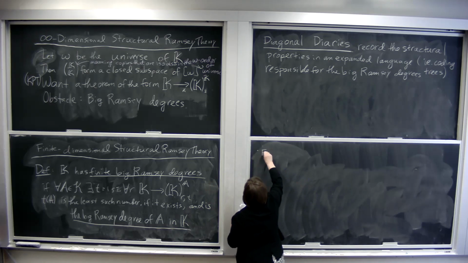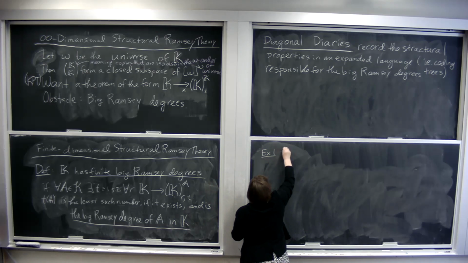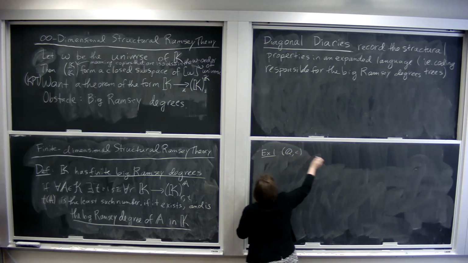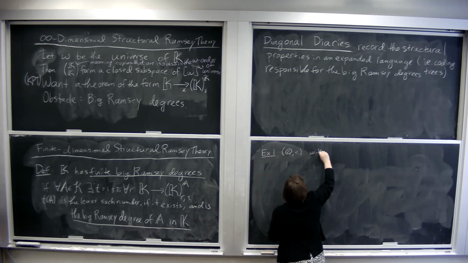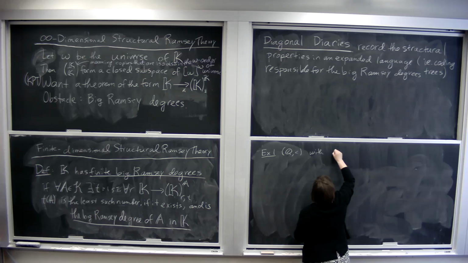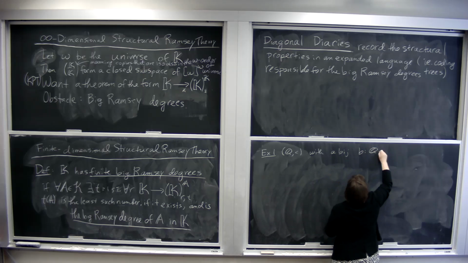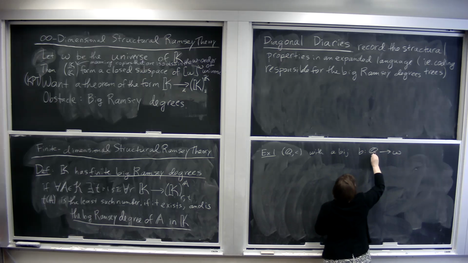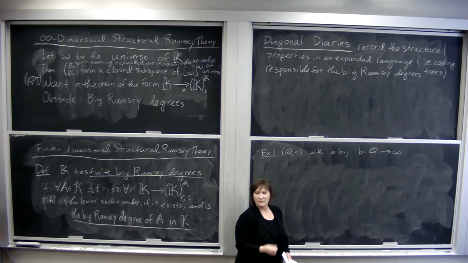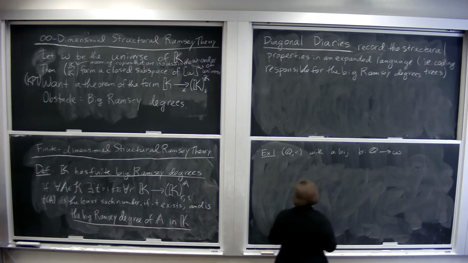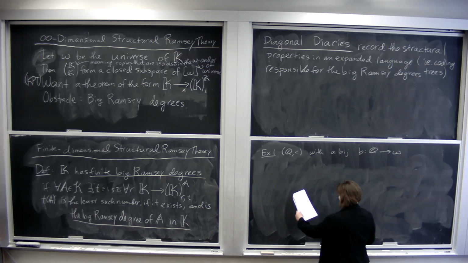So example 1, in terms of coding trees. We have a bijection, let's call it B. We think of the domain or the universe of Q as being the natural numbers, so they're enumerated in order type omega, and maybe q0, your first one, is here.